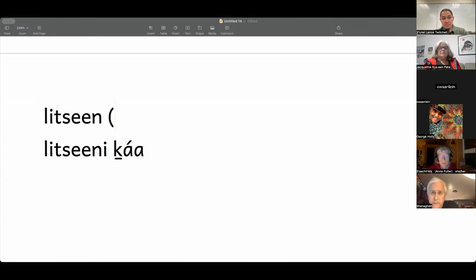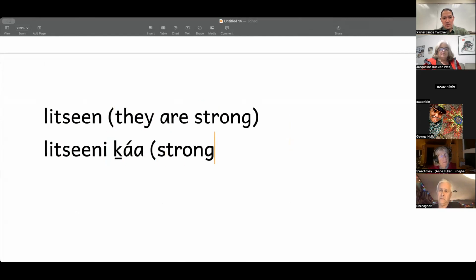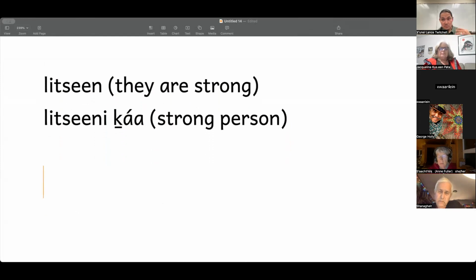So this would be 'they are strong', and this would be 'strong person', right? You could do this with a bunch of state verbs, right? Tlein, aayí. So this is an attributive suffix which turns a verb into an adjective, right?